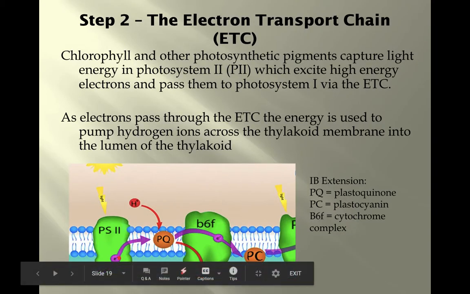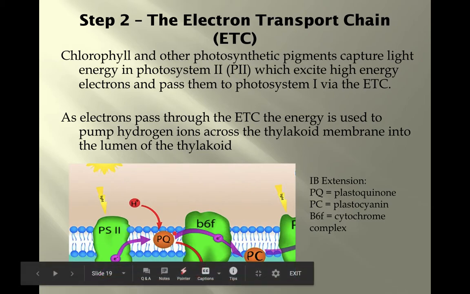Through the electron transport chain, electrons are passed from photosystem 2 to plastoquinone. Photosystem 2 loses electrons, so it's oxidized, and plastoquinone gains electrons, so it's reduced.